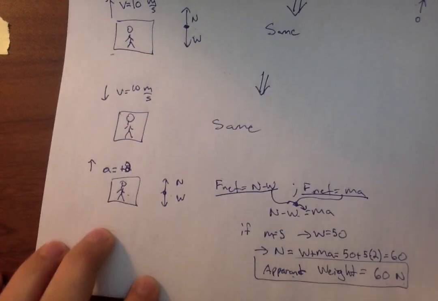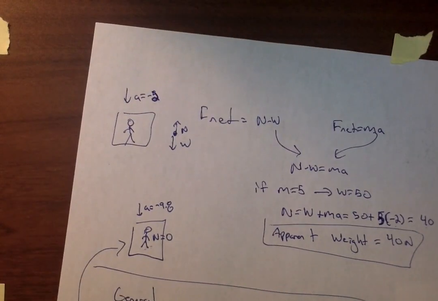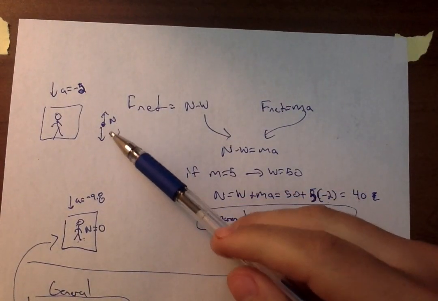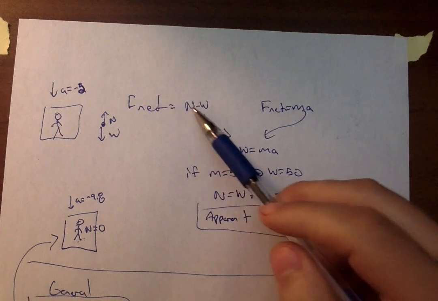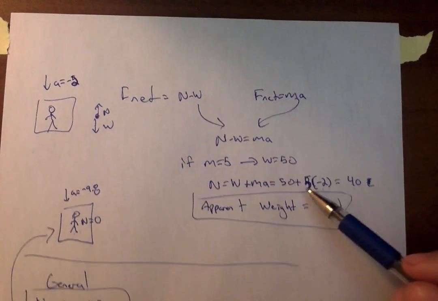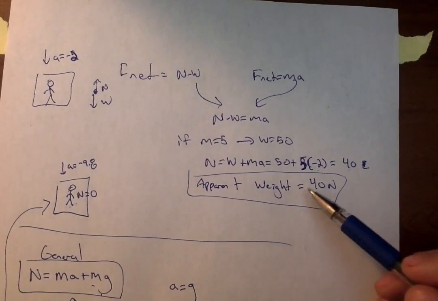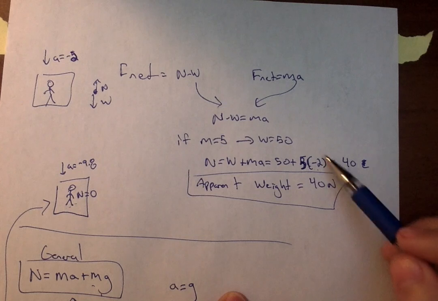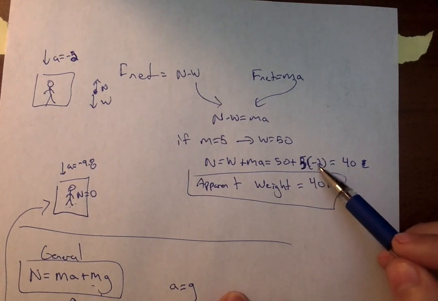So the last case here is accelerating down. And what I want you to notice again, same exact free body diagram, really simple. Net force is equal to N minus W. We apply Newton's second law. The only thing that's different this time is that if I tell you mass is equal to 5, my weight is still 50, but now my acceleration is -2, it's going down.